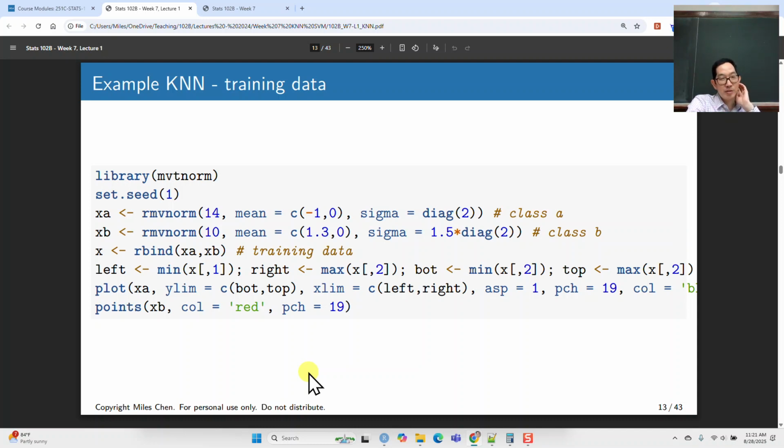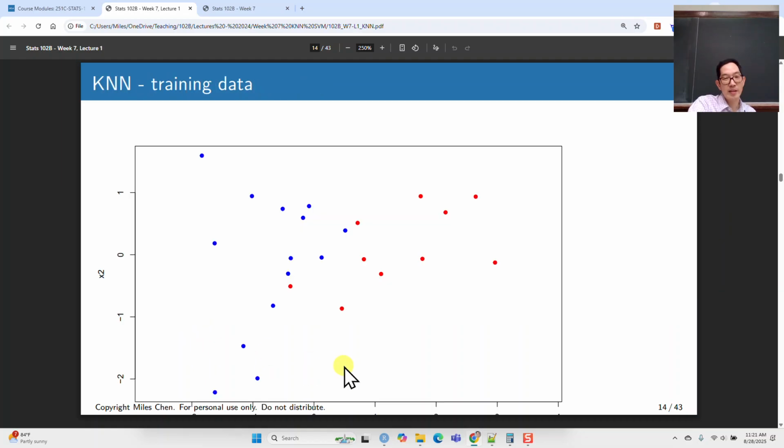So here, to just make up some data points, I'm going to generate two-dimensional data, and this is what we have. I've got some red dots and some blue dots, and we'll use this to try to guess things. Let's say I want to put a test case right here.